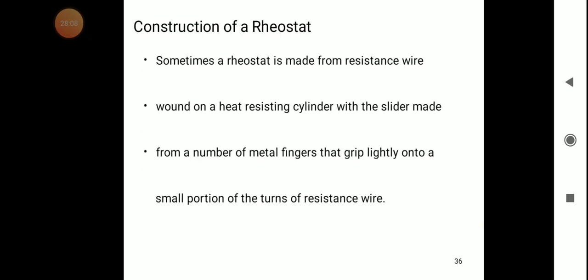Sometimes a rheostat is made from resistance wire wound on a heat resisting cylinder, with the slider made from a number of metal fingers that grip lightly onto a small portion of the turns of resistance wire.